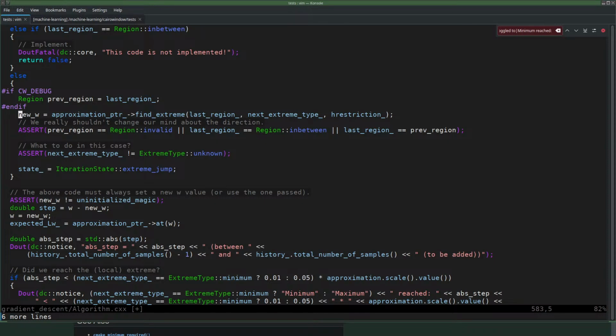We just call find extreme. Period. Invalid or left or right. And then this assert has to check on invalid, but well, that's just debugging code. However, now this can happen apparently. So I need to write this code now. In which case it's no longer an extreme jump, I think. No, it's not.